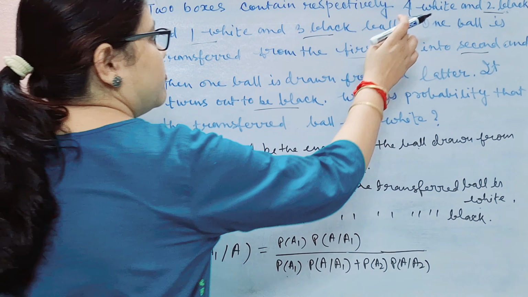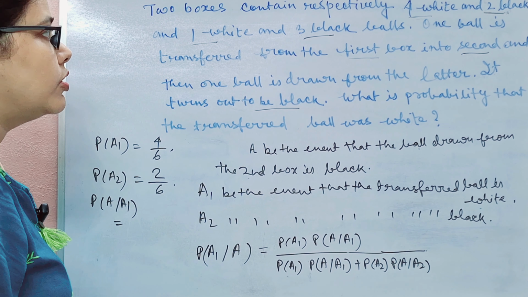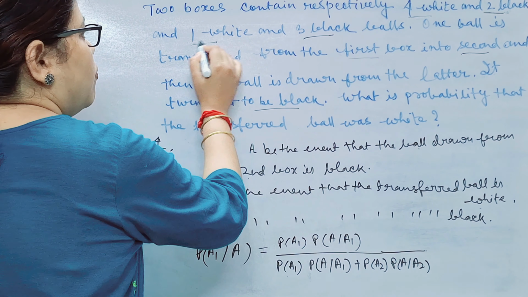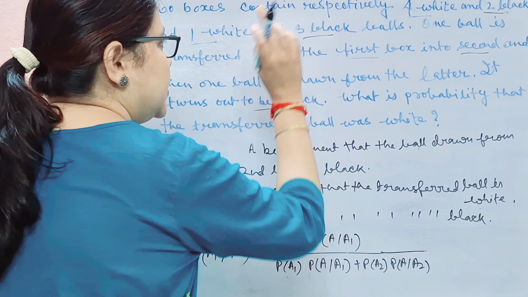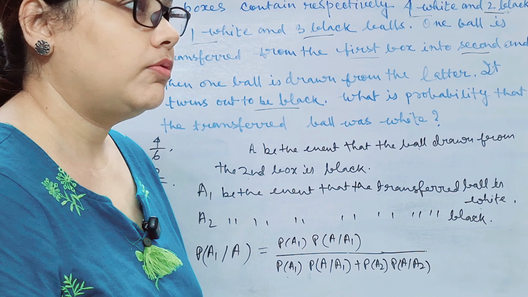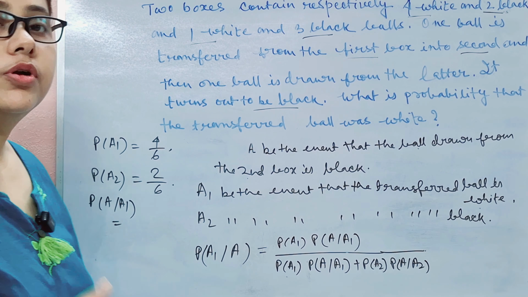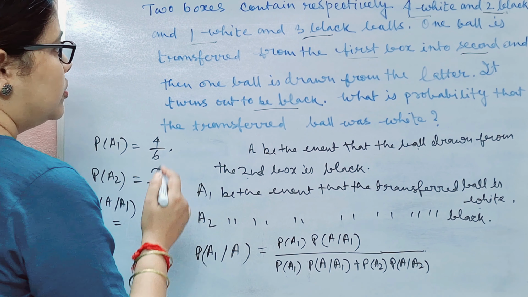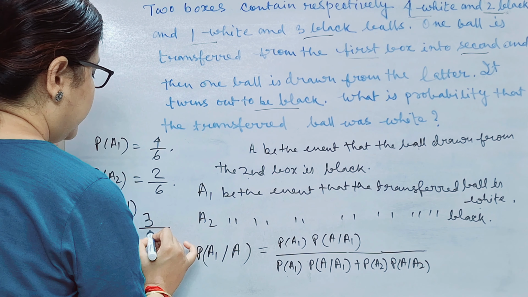So I am transferring white ball from the box 1 to the box 2. So there will be 2 white balls in box 2, and I am drawing from the 3 black balls. From 3 plus 2, that is the total number of balls will be 5, from the second box. So the probability will be 3 divided by 5.